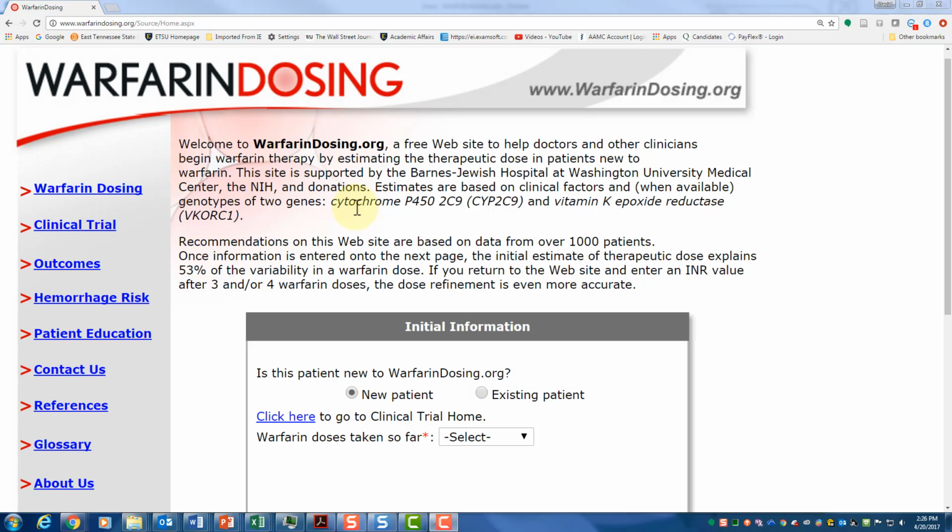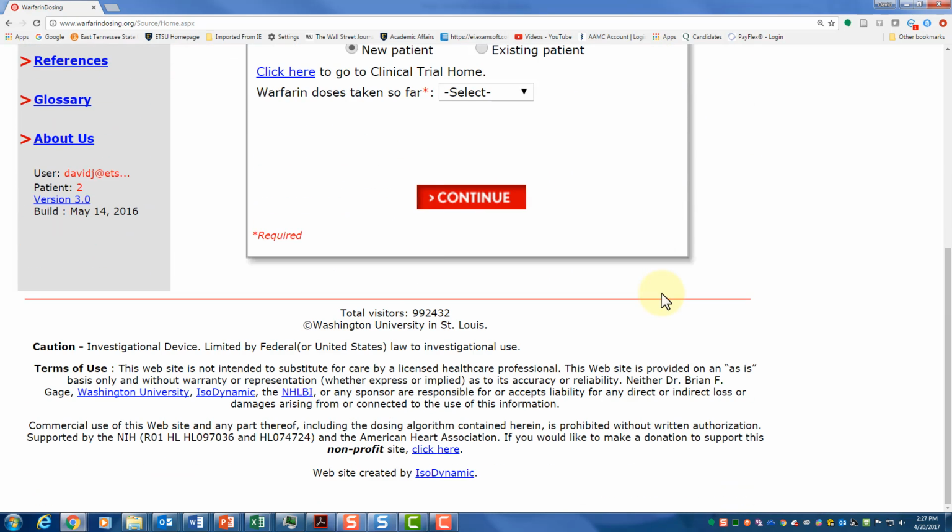It's primarily based on the SNPs, or the cytochrome P450s, as we call them, CYP2C9, the vitamin K epoxide reductase, and some other genes. It was initially started with 1,000 patients, and it really improves the ability to do this.